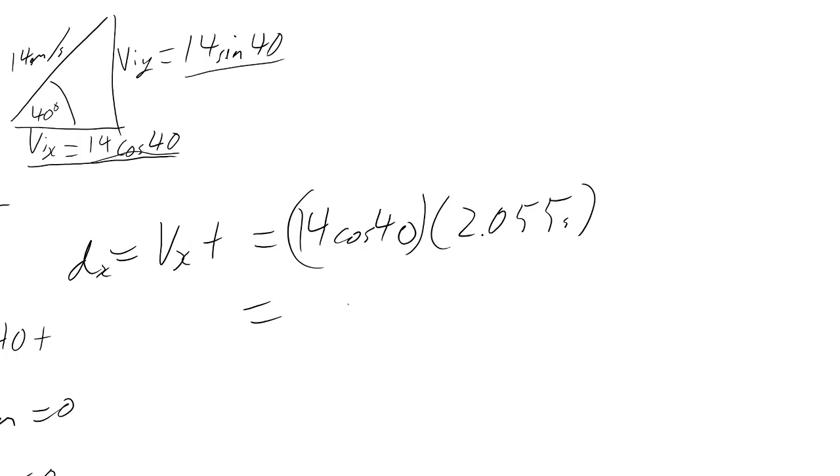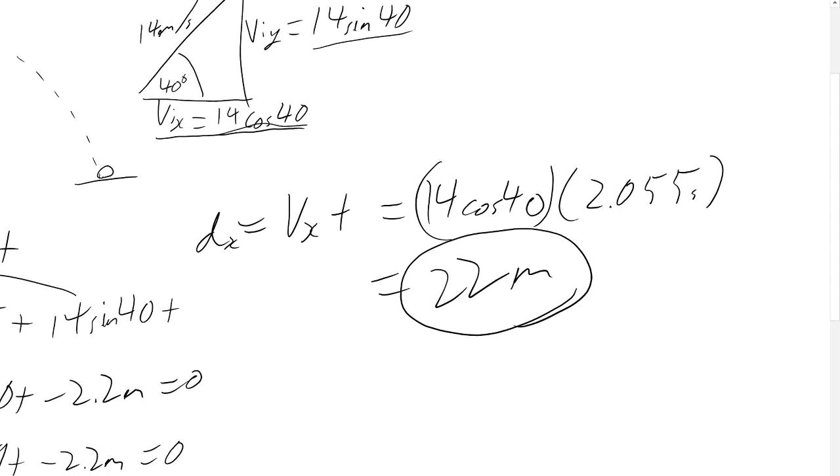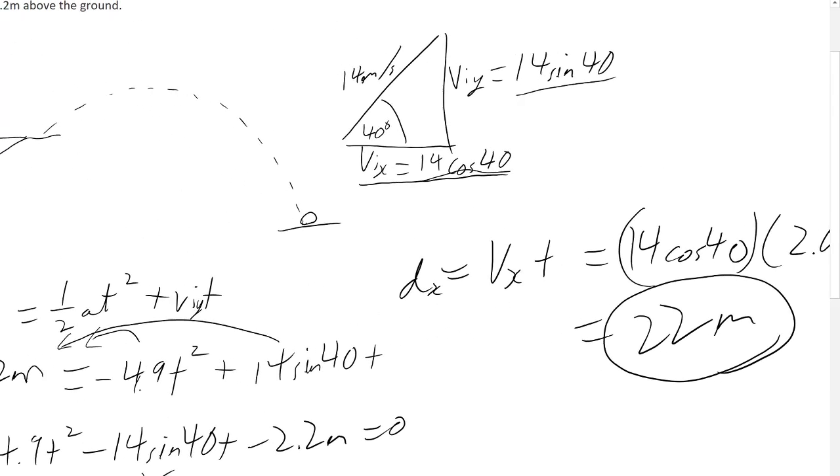And if we put that all into our calculator, 14 times cosine 40, I get, oh, I'm in radians, oops. So 14 times cosine 40 times 2.055 gives us 22 meters. And that's our answer.